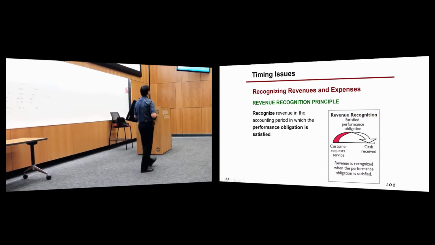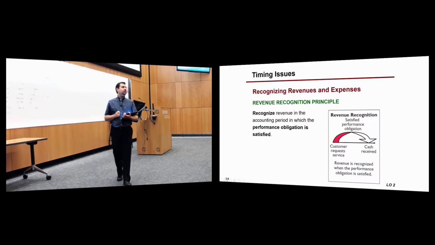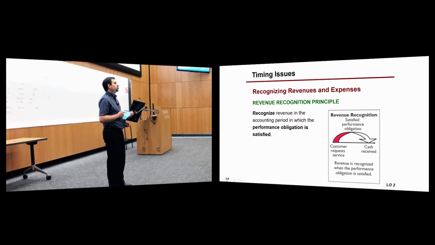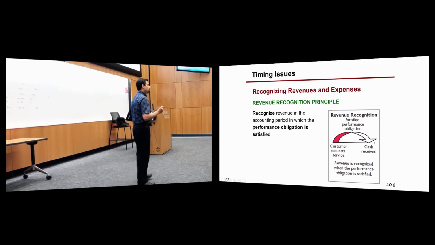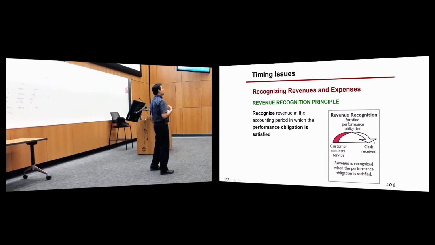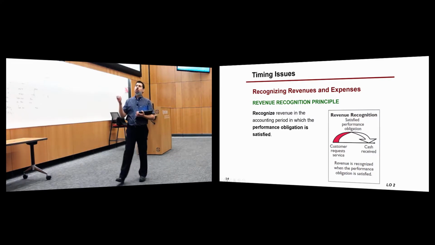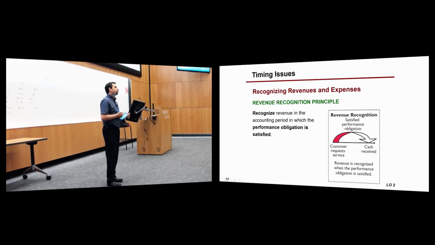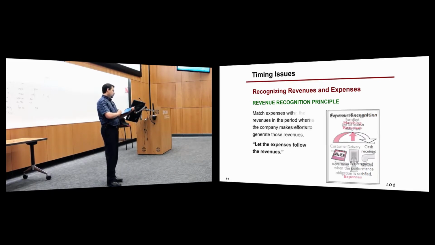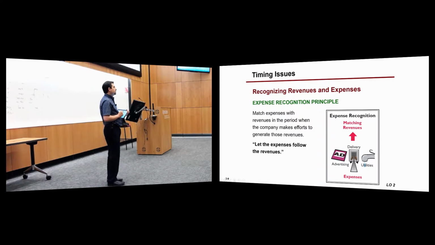So according to accrual basis accounting, revenues are recognized when the service is provided, basically when they are earned. Okay? When does Best Buy earn the money from a TV sale? When they actually deliver that product. So this is called the revenue recognition principle. Very closely related is the expense recognition principle.